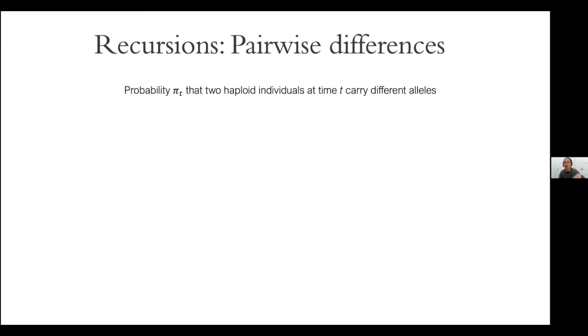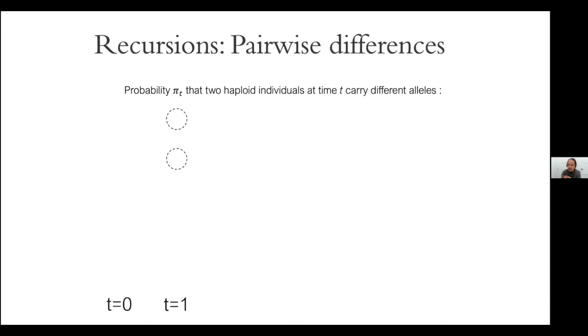But imagine you take one individual in the population and 1 copy of their genome, and another individual and 1 copy of that genome, and you compare the 2 at 1 position in the genome, and you ask how likely are these 2 alleles different, right? How likely are these 2 individuals to be different at this given position? And there's an equation for that that's completely magical, and it's very elegant.